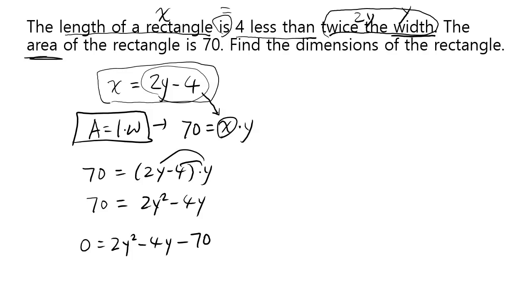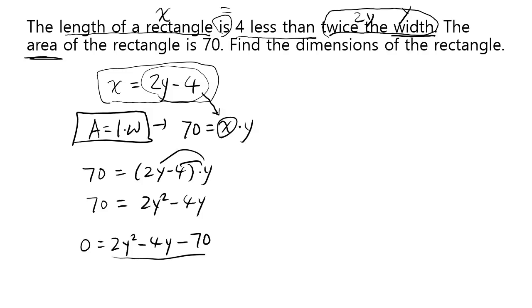Now, at first sight, it's a little annoying to factor because of this 2. If the squared term has 1 as its coefficient, then it's a lot easier to factor. If it's not 1, then often you have to do something called factor by grouping, and that's hard. But notice that 2, 4, 70 are all even numbers.